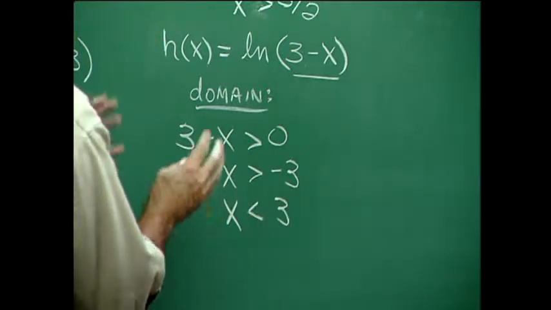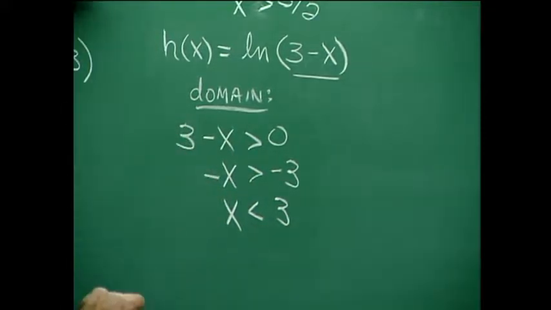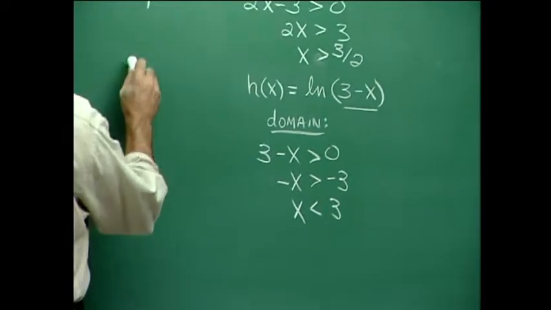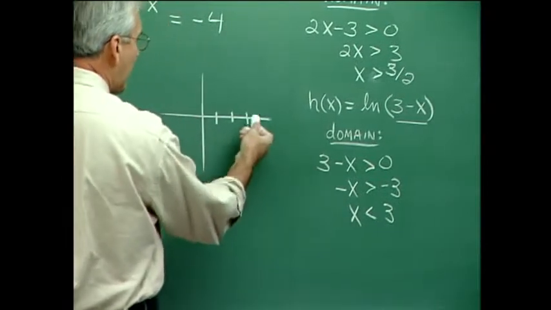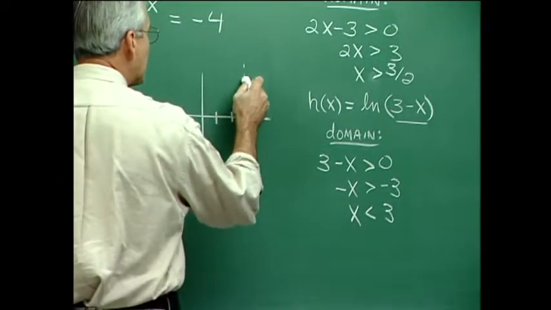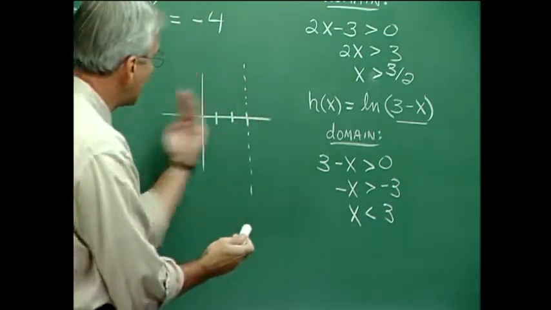All right, now what that tells us about the graph basically is this, that if we don't know anything else about the situation, we know this much, that for x values less than 3, the graph is going to lie over here, and the asymptote is going to be here, you see, for x values to be less than 3.